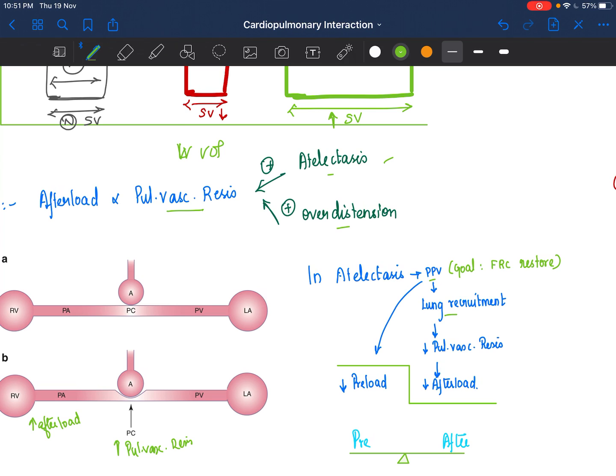Once pulmonary vascular resistance improves, you have a reduction in afterload. So on the right side, you have an increase or a decrease in afterload depending upon what you are treating. It is basically a balance. Preload, you know, reduces, and afterload is up to you to see how the patient is responding and manage your pressures appropriately.